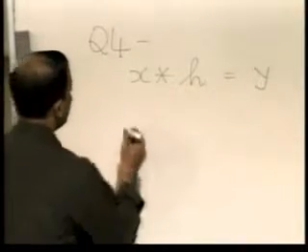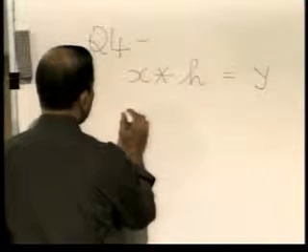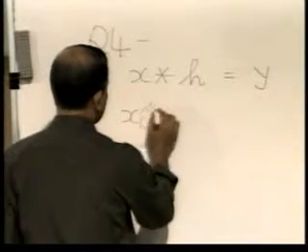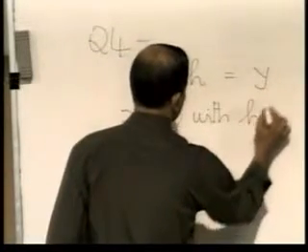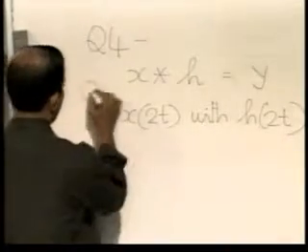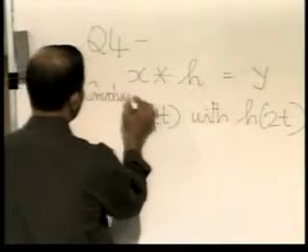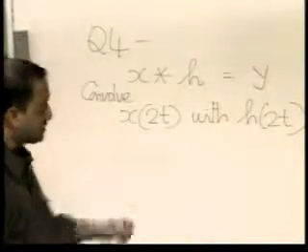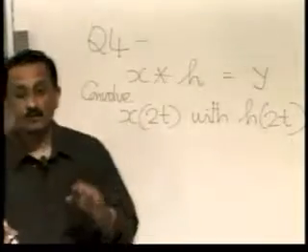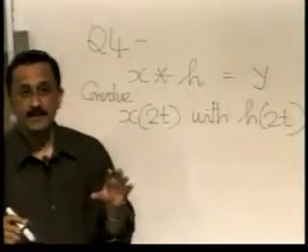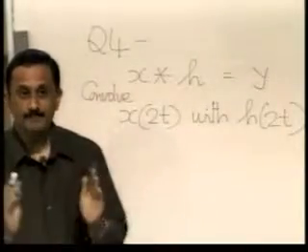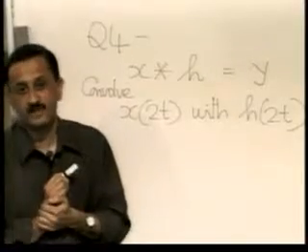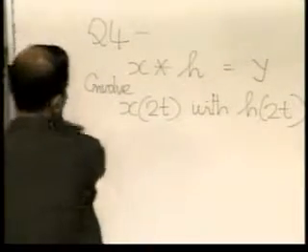You are required to find out the convolution of x(2t) with h(2t). We will work it out mathematically, but what is the aim in this question? The aim is to find out the output when both the input and the impulse response are squeezed by a factor of 2 in time, right? So let us work it out.